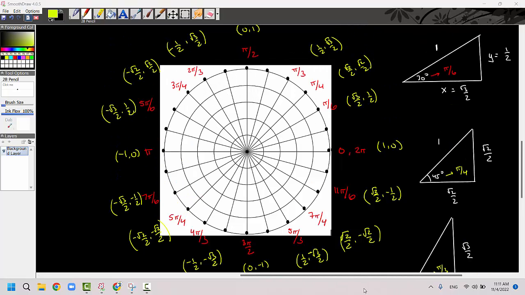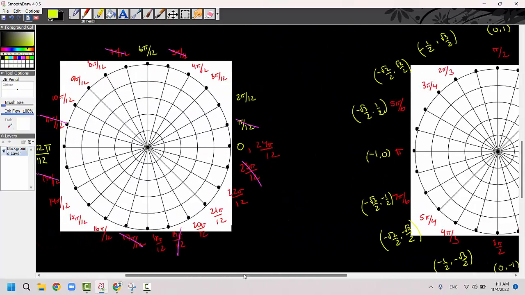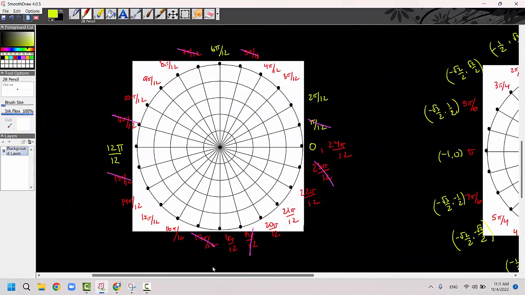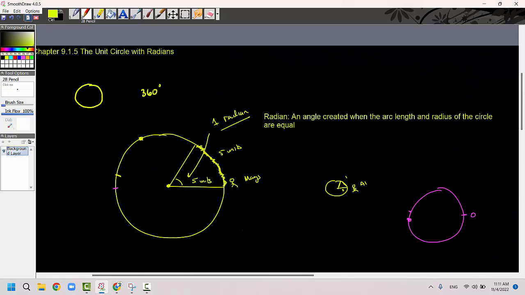Now, what I didn't speak about is why radians even matter. Why would we even need radians when we have something in degrees? Well, remember, a radian is an angle created when the arc length and radius of a circle are equal. So this inherently creates an easy transition and an easy conversion from angular motion to linear motion, which degrees cannot do, because degrees are an artificial construct because of how we are as a species.